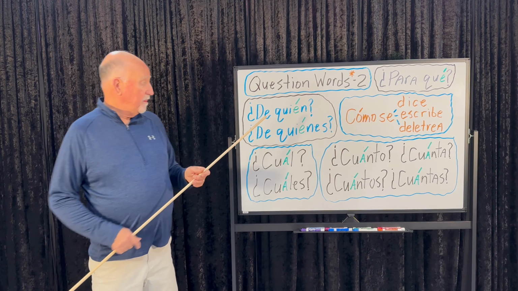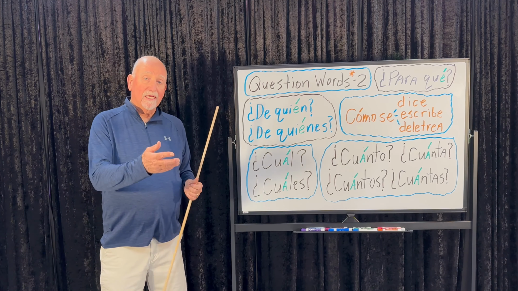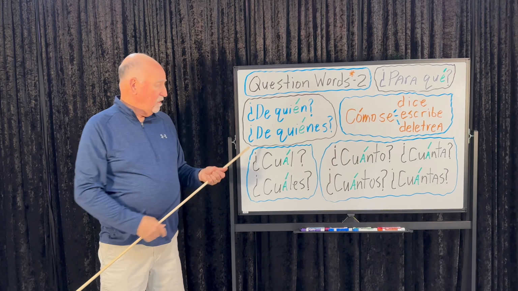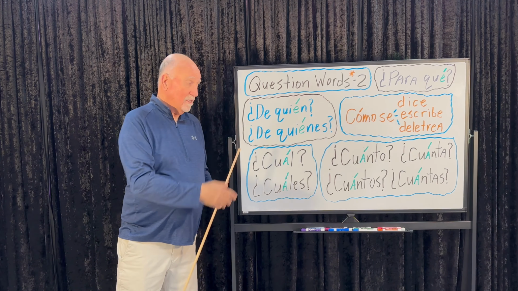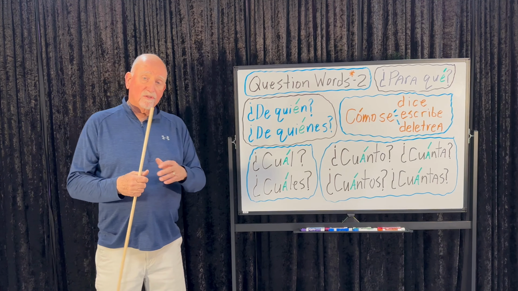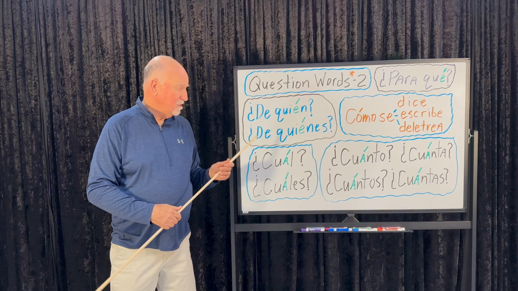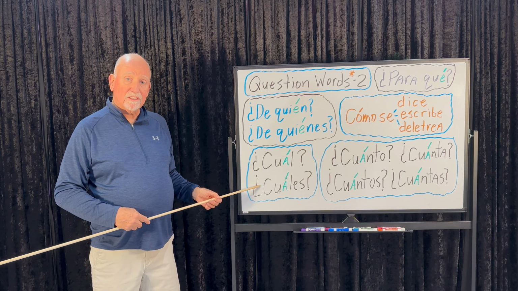We've got whose, W-H-O-S-E, de quién, like whose is it? De quién es, whose is it? De quiénes son, whose are they? And if you just want to ascertain to whom something belongs, you say de quién, whose? De quiénes, whose?